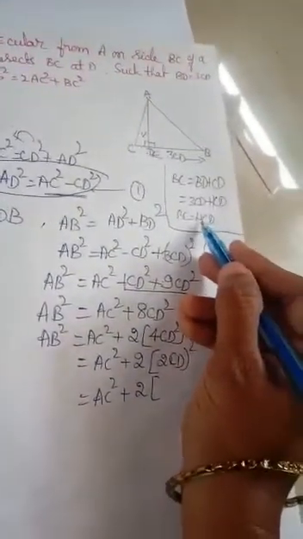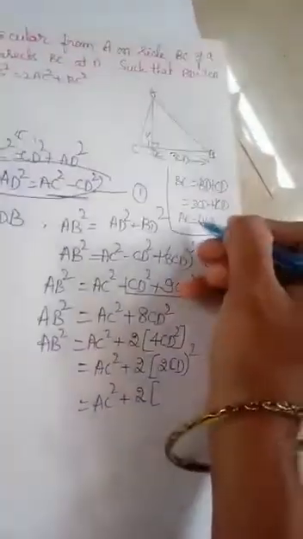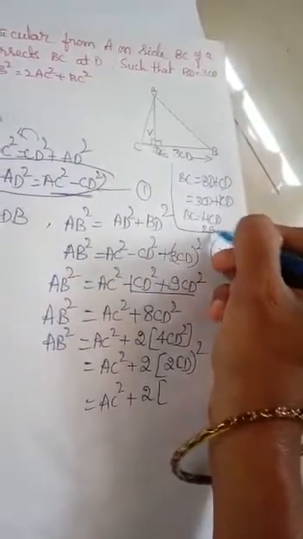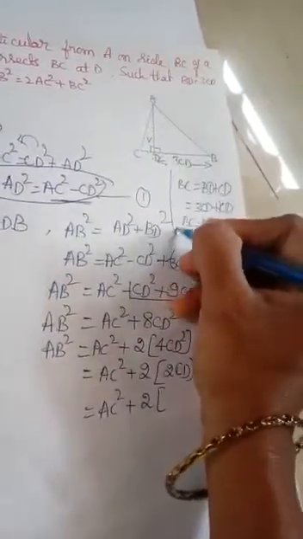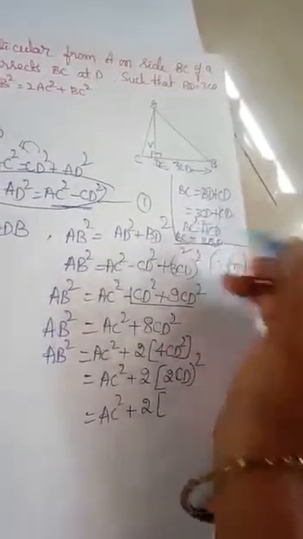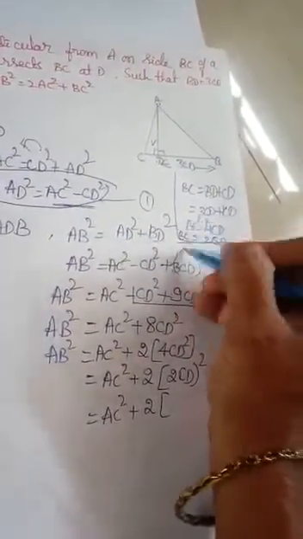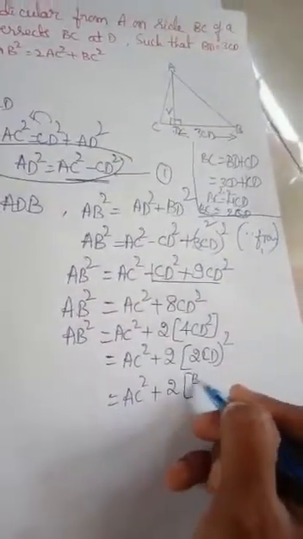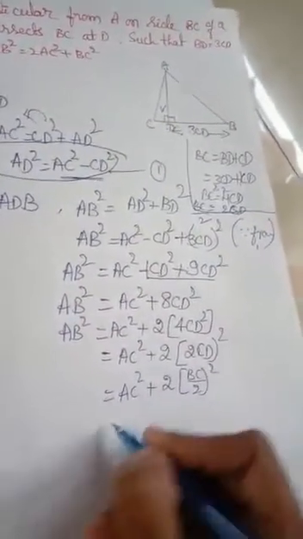Therefore, 2 times CD is equal to BC by 2, that is, 2 CD is equal to BC by 2. We substitute BC by 2, whole square.